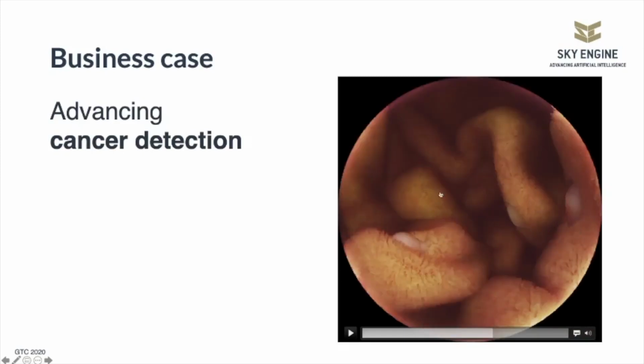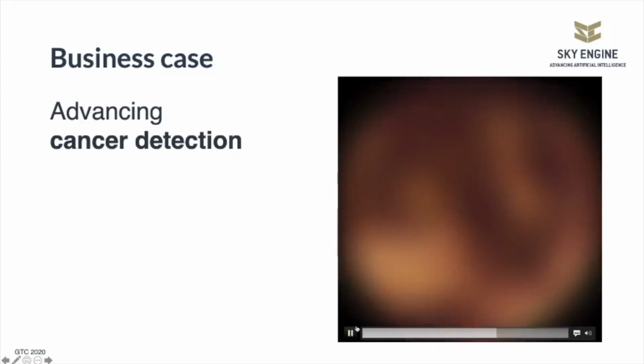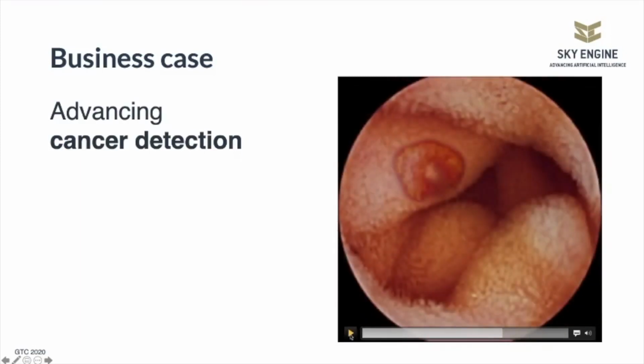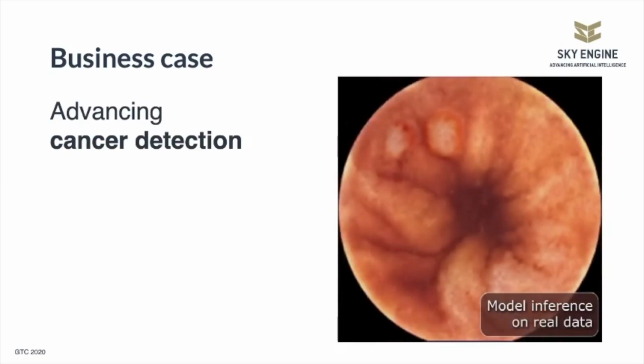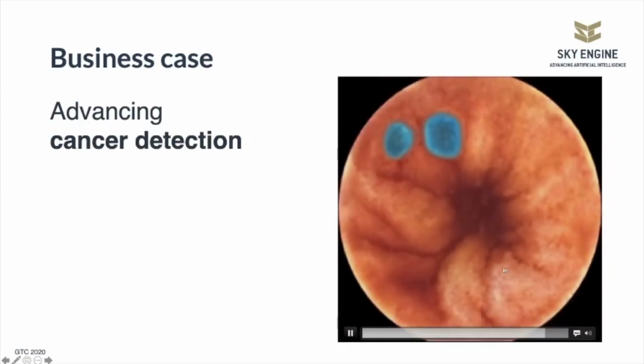You can see here that the images are low resolution, mainly because this is dedicated to low resolution capsule endoscopy cameras. And for comparison, this is how a real image from such a camera looks, and how the system is able to do semantic segmentation of a lesion on such images.